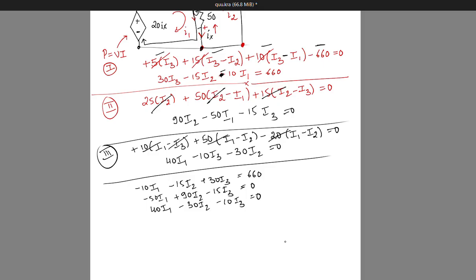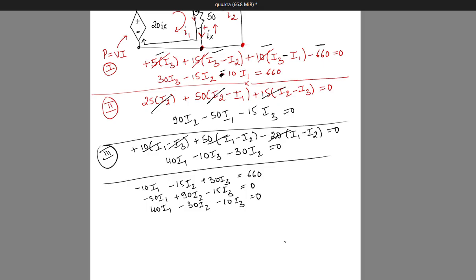Oh sorry, it is minus 50 there. Okay, now it is right. And then the last equation is 40 and minus 30 and minus 10.